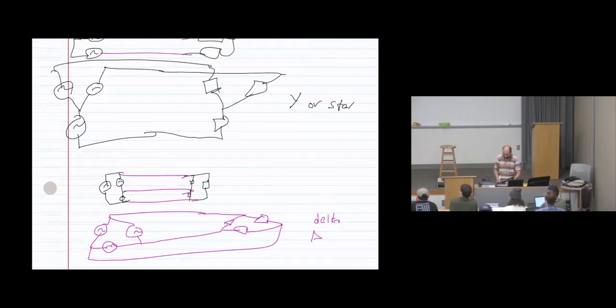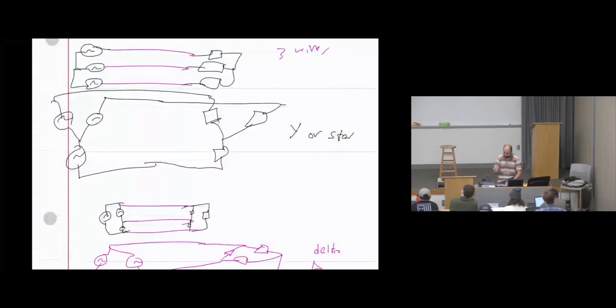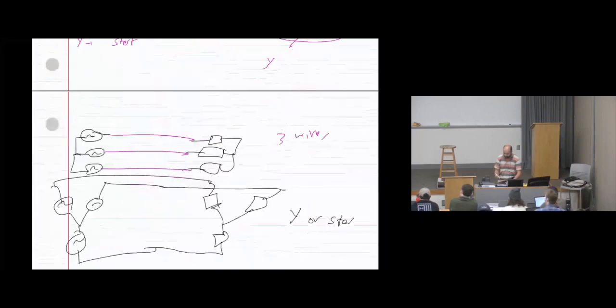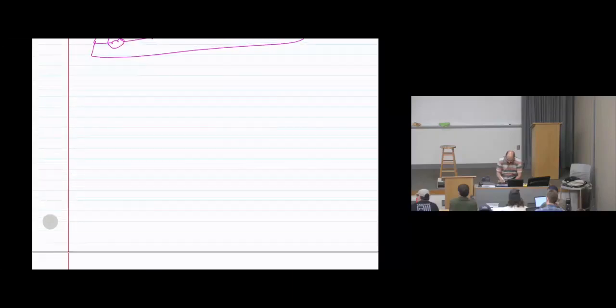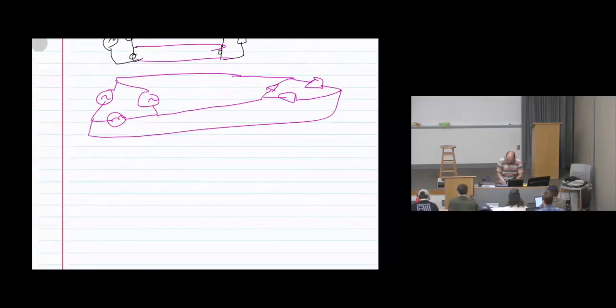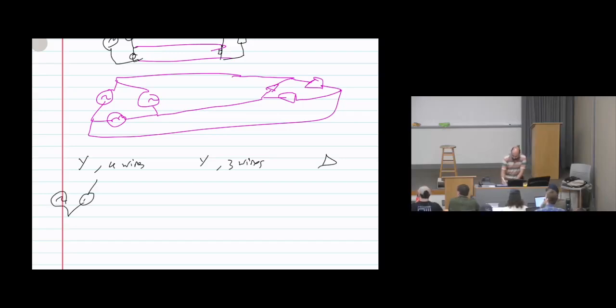Okay? What's the difference between the 3 things? We have Y with 4 wires, Y with 3 wires, and delta. So I can write a summary here. We have Y, 4 wires; Y, 3 wires; and delta. For Y with 4 wires, again, we have these sources, then 4 conductors.